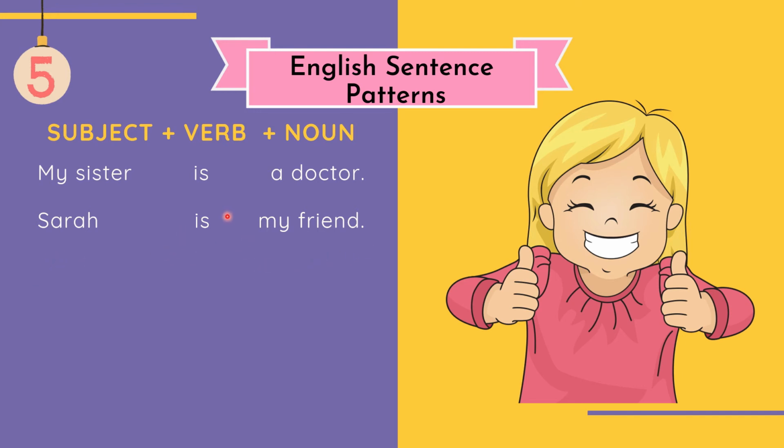Subject is Sarah, verb is verb to be, is, and the noun that follows is my friend. Third one, they are dancers. So the subject is they, the verb to be is are, and the noun is dancers.